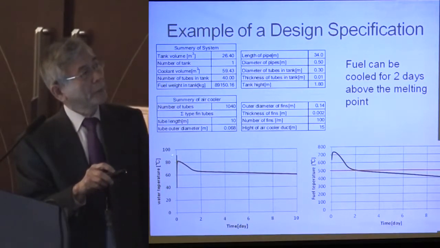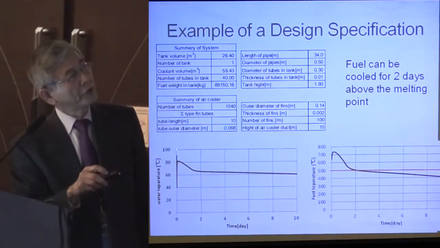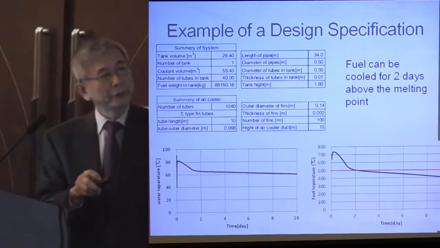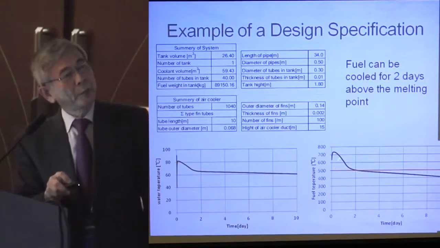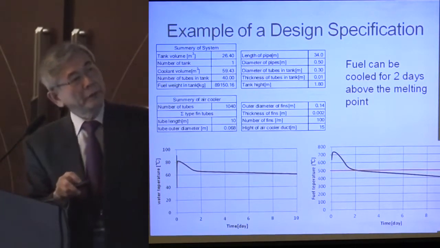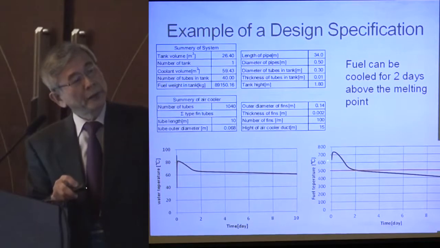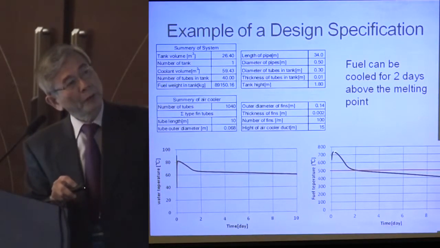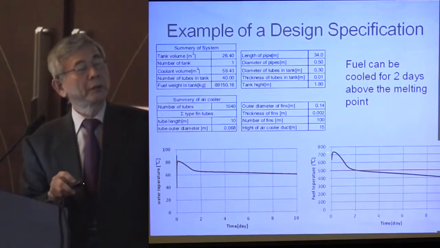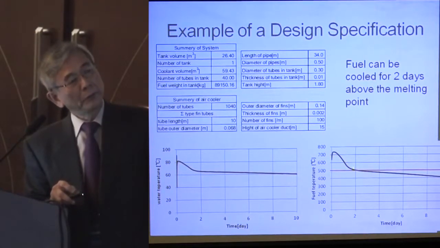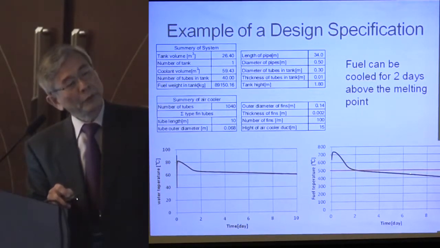So the maximum temperature does not reach 100 degrees Celsius. And the fuel temperature looks like this. It begins at 643 degrees Celsius and goes up to 700, maybe 30, 40 degrees, and then only goes down.